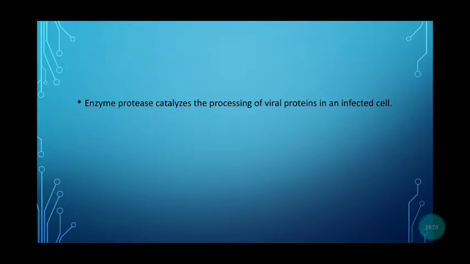First, the enzyme protease catalyzes the processing of viral proteins in an infected cell. Integrase is needed for the virus to copy itself in the host cell. Without these proteins, viable virus particles cannot be released to cause further infection.